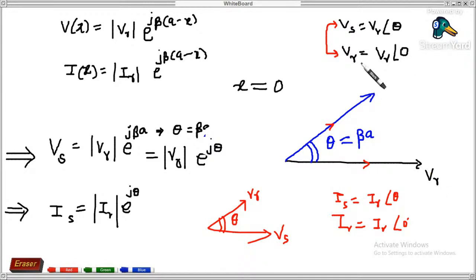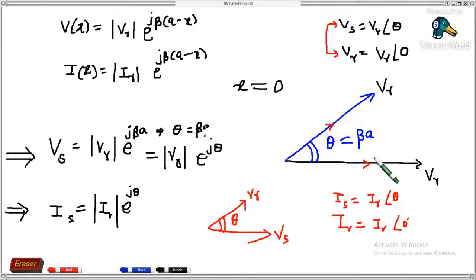VR the same phasor length, but angle is theta. So this will be VR. Correct? Now similarly for current, IR, initially draw this reference one at an angle 0. IR is equal to IR at an angle 0.